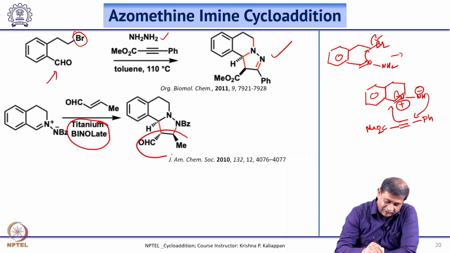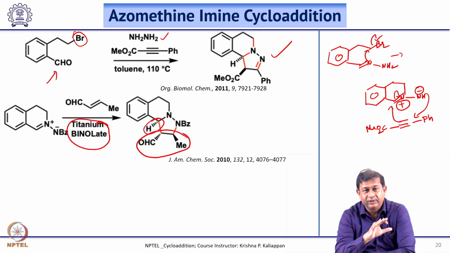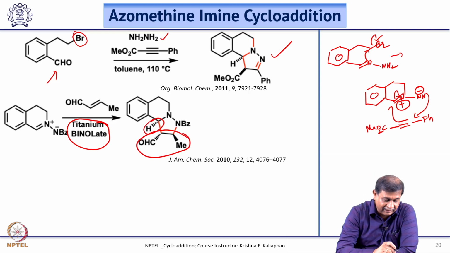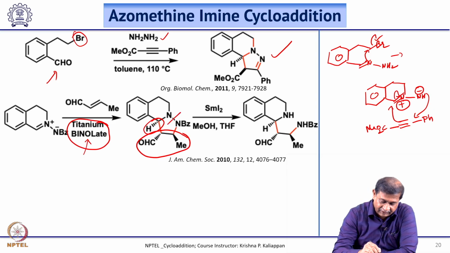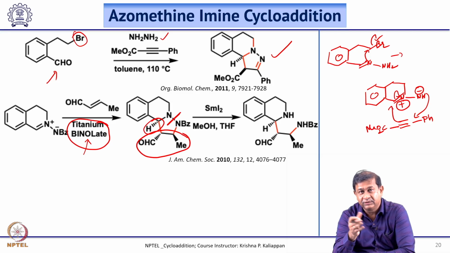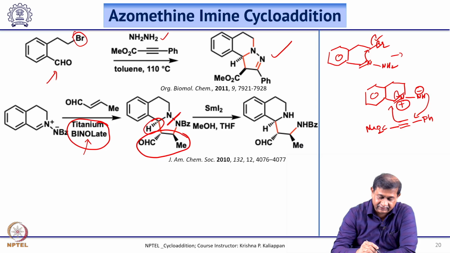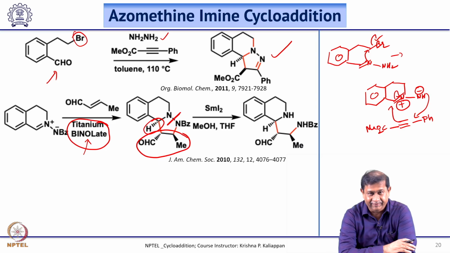Now you can see there are 3 chiral centers which are fixed during this cycloaddition, because of this external chiral ligand. Then this NN bond can be cleaved. Already we discussed, when we talked about nitrones in 1,3-dipolar cycloaddition, that you can cleave the NO bond with many reagents. Here, the NN bond also can be cleaved by treating with samarium iodide.